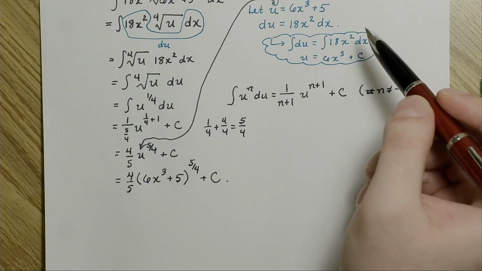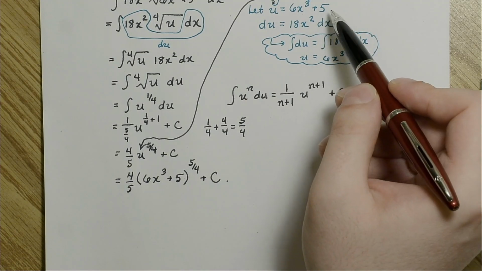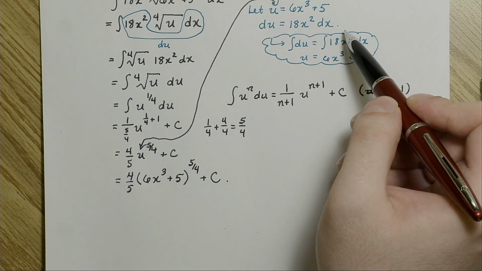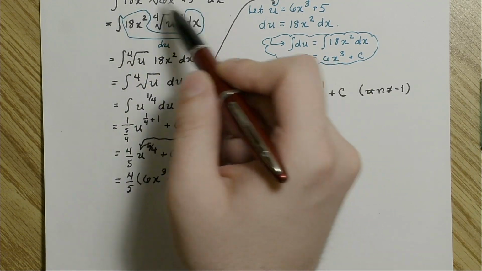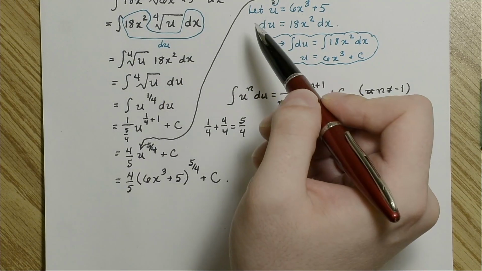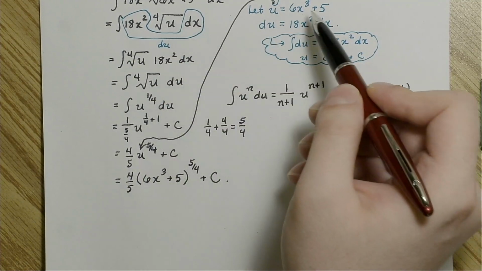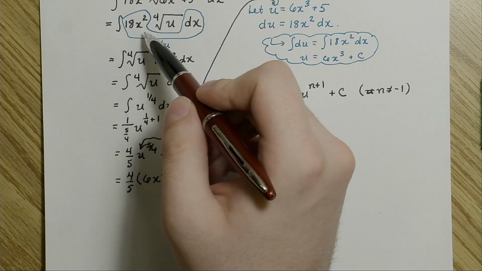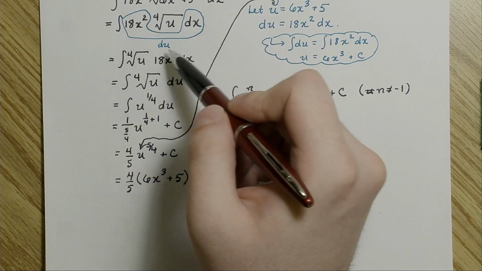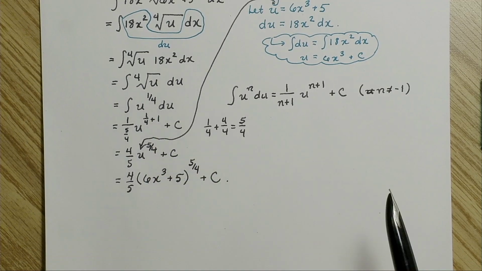And I'm also looking for whatever I'm setting for u, if I take the derivative of it, does that clear up some of the crap that's hanging out outside here? And in this case, I picked a u in such a way that, yes, if I took the derivative of it, I was able to eliminate this 18x squared dx and was able to simplify it.